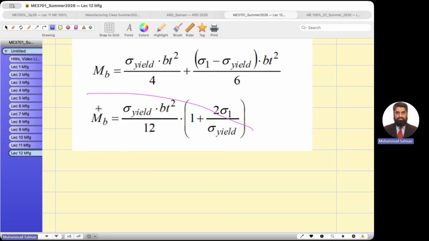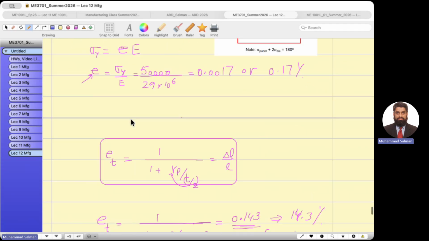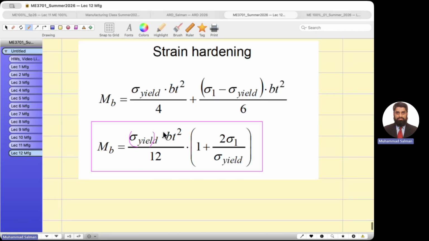Okay, so let me go back over here. Let's use this formula. In order to use this formula, we need to find out what is sigma yield. It is given. Look, sigma yield is 50,000. Agreed?